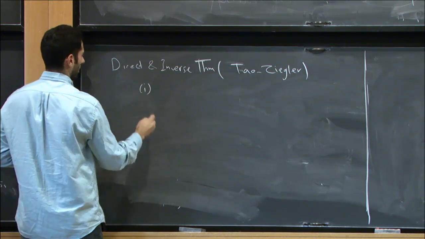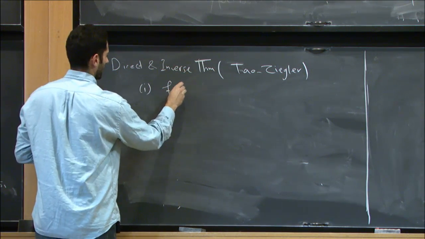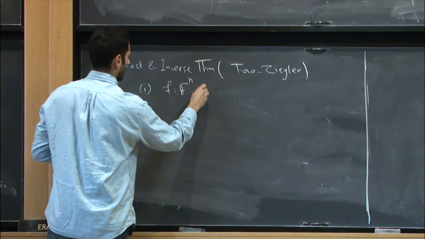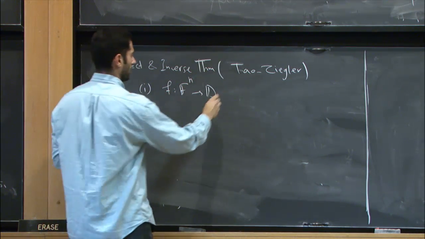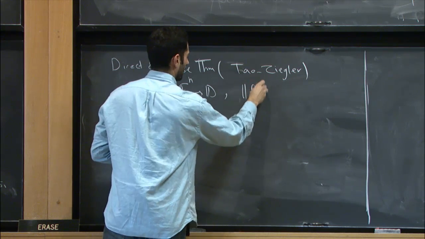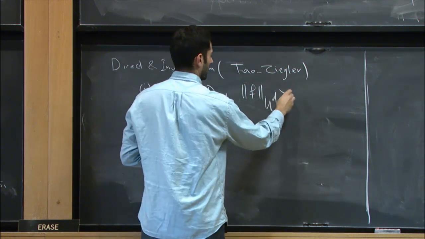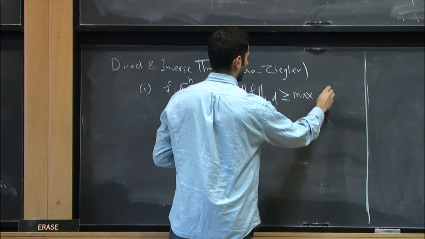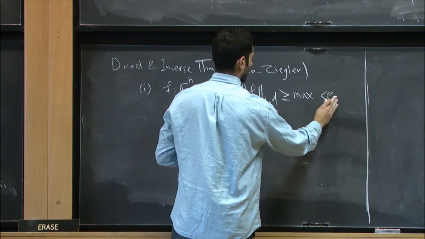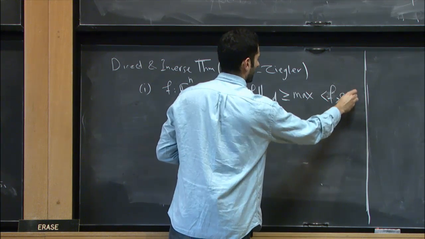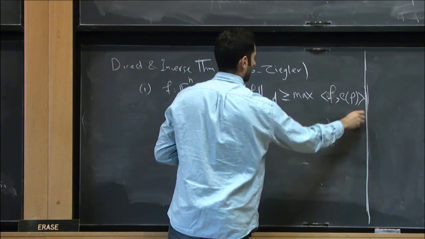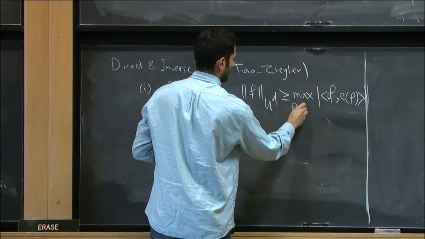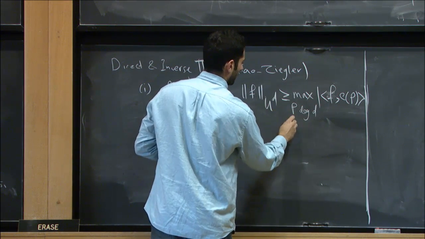The direct theorem says that if I have a function like this, then the UD norm is always an upper bound for the maximum correlation of f with E of p, for p a degree d non-classical polynomial.